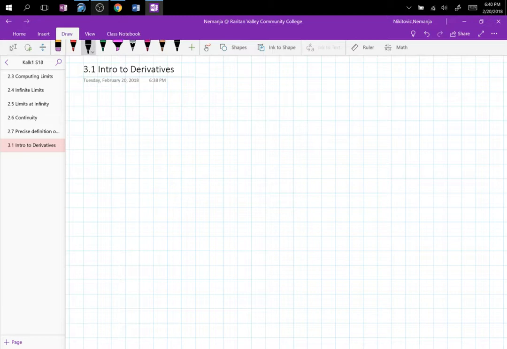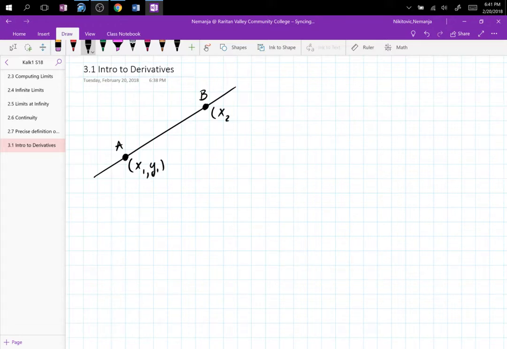So let's go all the way back to first state that 2 points define a straight line. We have, say, point A, point B. Point A is x1, y1 as coordinates, and point B is x2, y2 as coordinates.